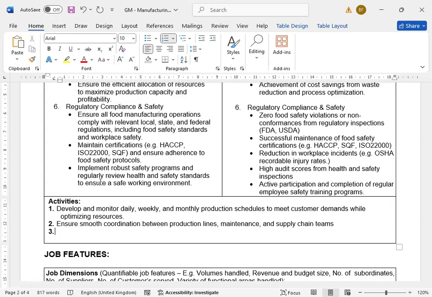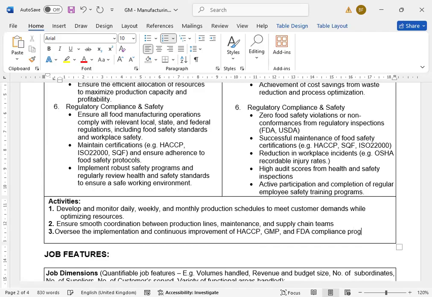Number three, oversee the implementation and continuous improvement of ASAP, GMP, and FDA compliance programs.